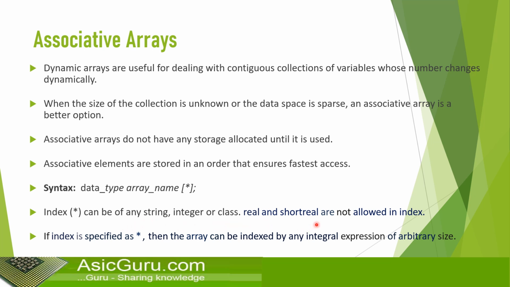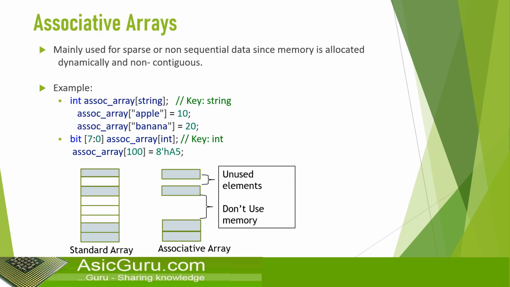Real and shortreal are not allowed. If the index is specified as star, then the array can be indexed by any integral expression of arbitrary size. So associative arrays are mainly used for sparse or non-sequential data, where the memory is allocated dynamically and not contiguously.